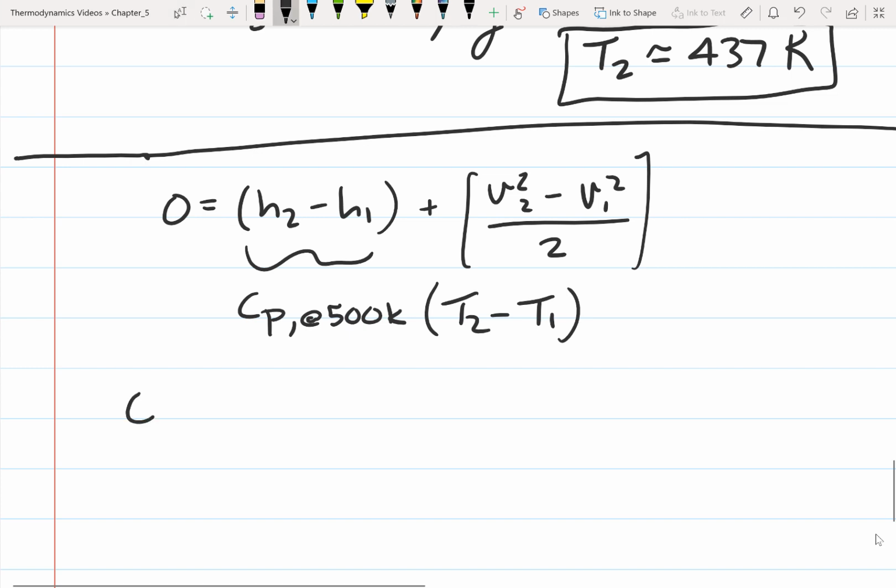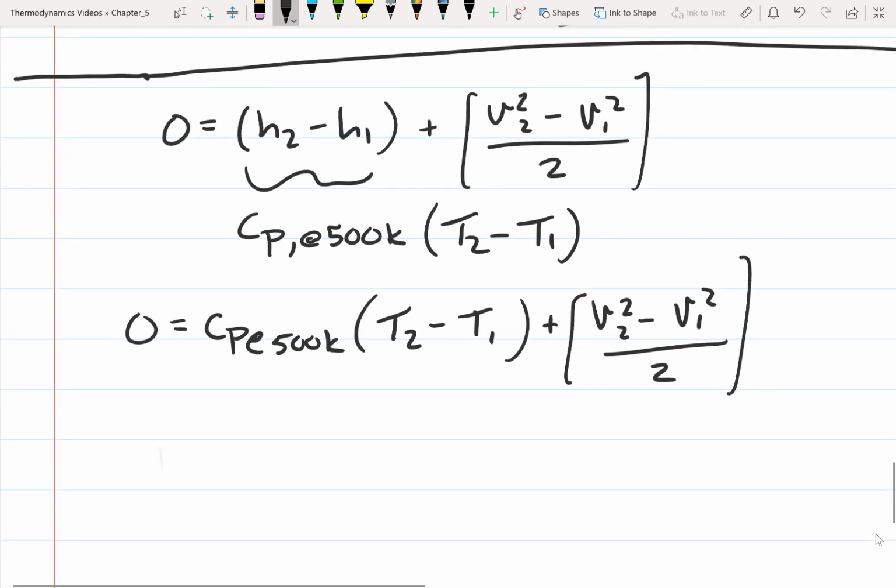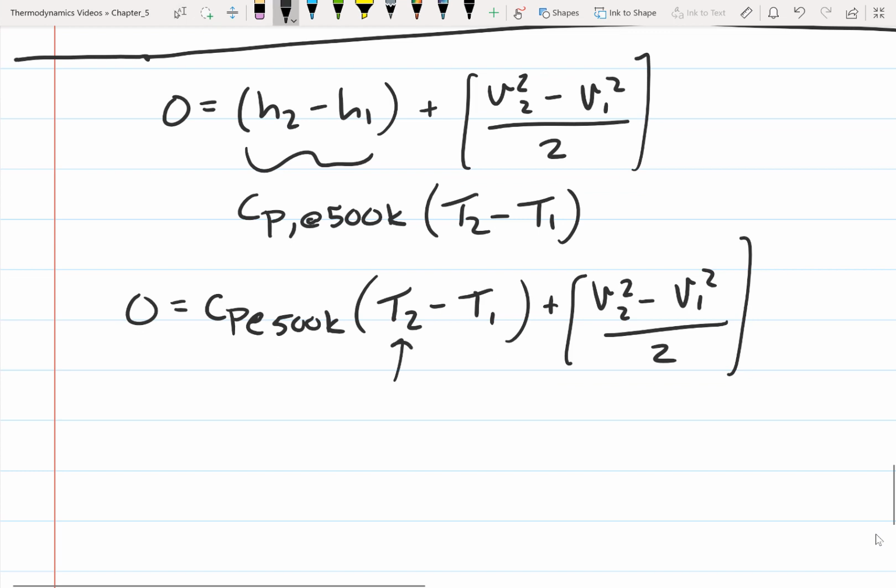So then let's rewrite this. We have 0 is equal to C sub P at 500 Kelvin multiplied by (T2 minus T1) plus (V2 squared minus V1 squared) over 2. And then we're solving for T2.